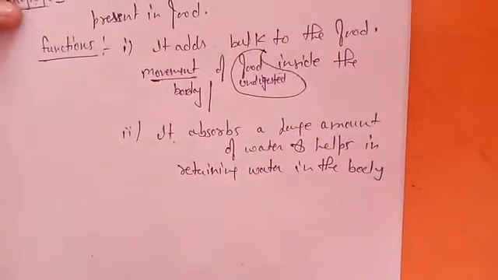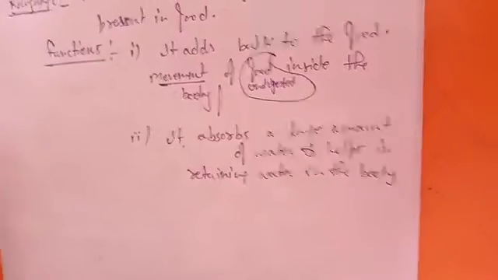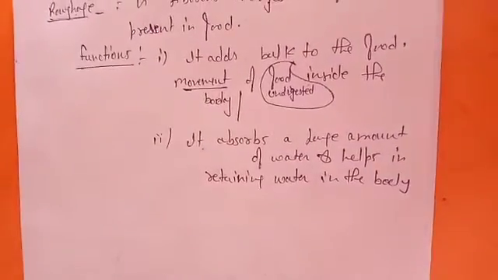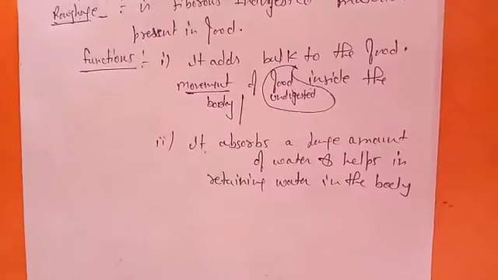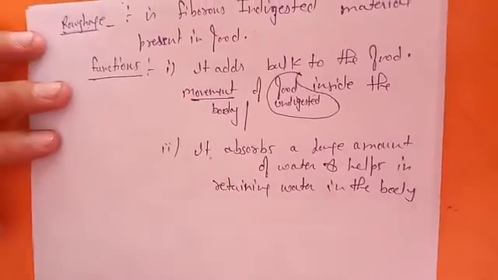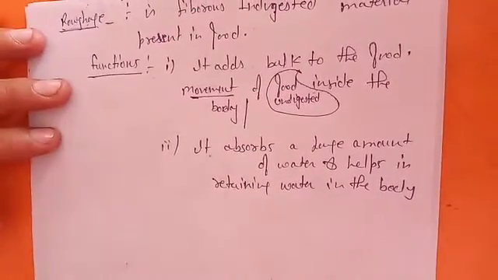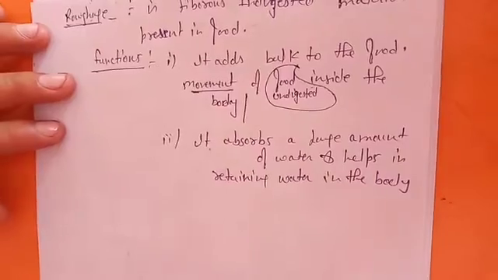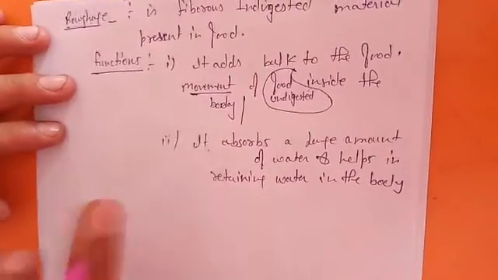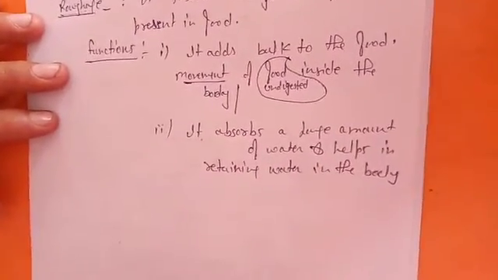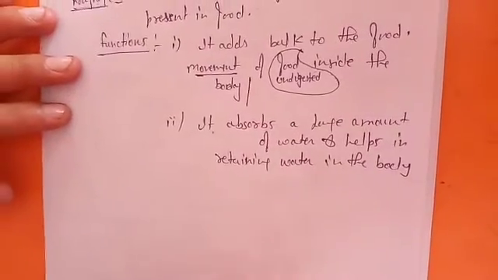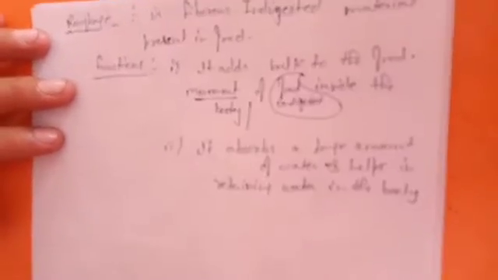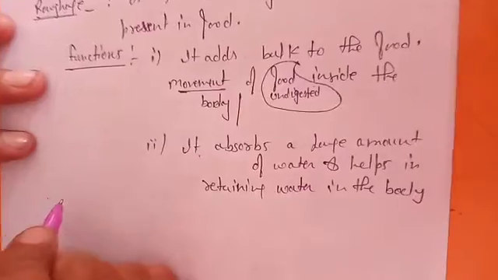So first, it is an undigested material giving no energy, but it has an important role: it moves the undigested food inside the body. Second, it absorbs water, helping in maintaining the water level inside the body. These are the two prime functions of roughage.